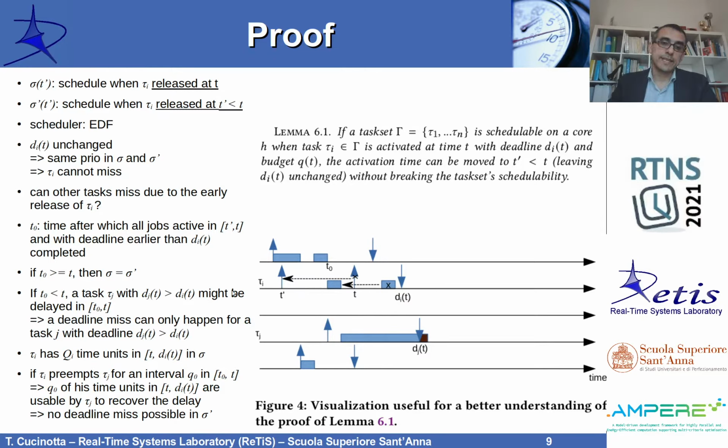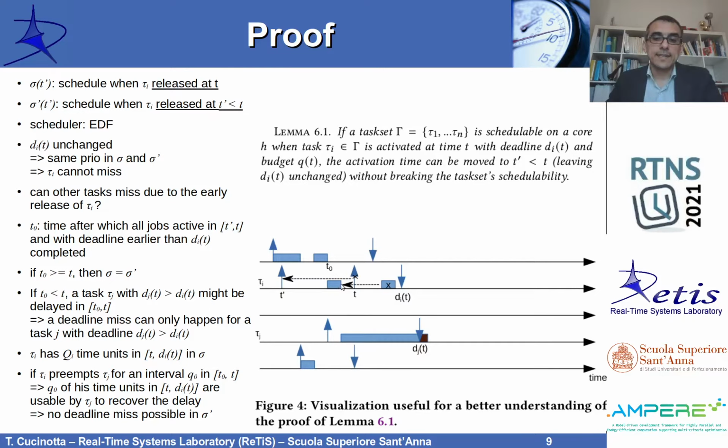If we consider any time window after T0 in which we might have scheduled task tau I for a certain time, which we call q0, we prefer to schedule tau I instead of any other task tau j with a deadline beyond d_i(t), of course, because it's an EDF schedule.